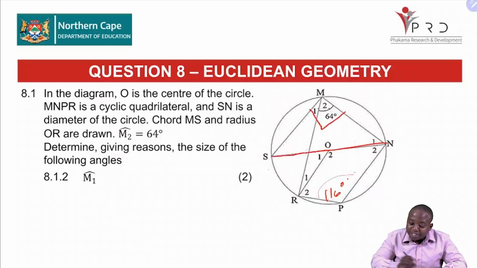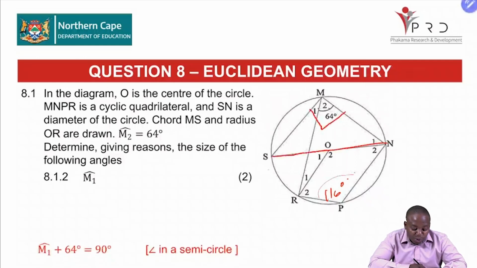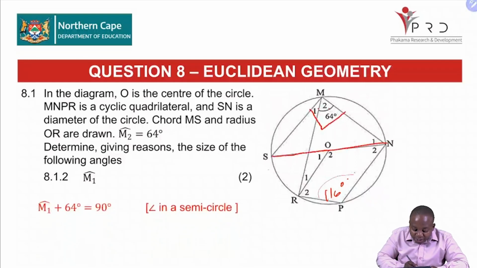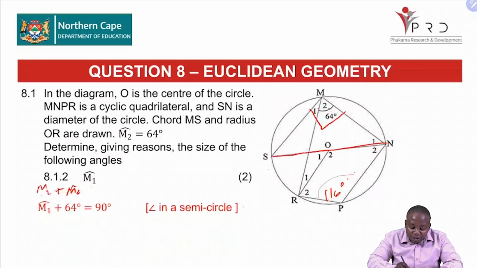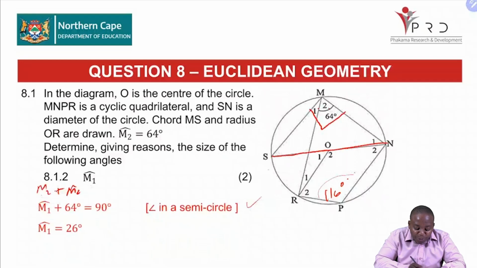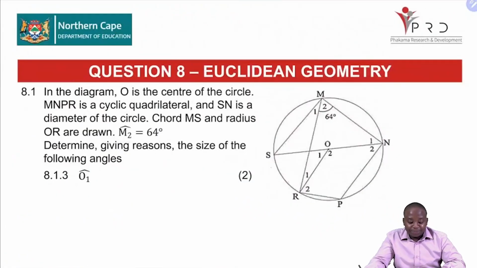So M1 plus M2, remember M2 is 64, must be equal to 90 degrees. These are the angles on a semicircle, because SN is the diameter of the circle. Then M1, solving for M1, is going to be 26 degrees.